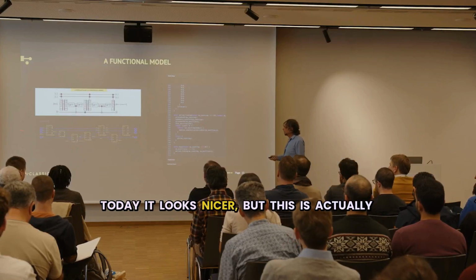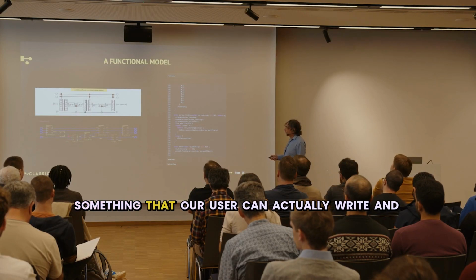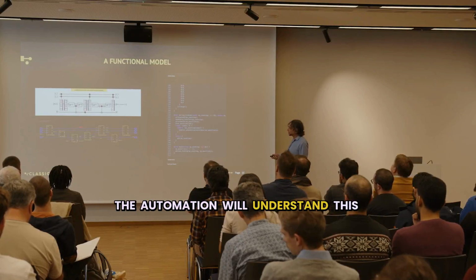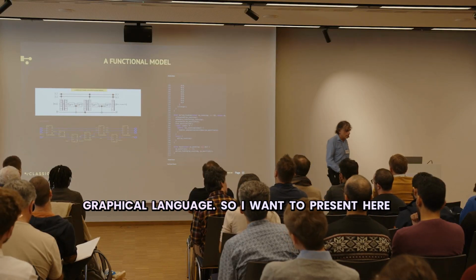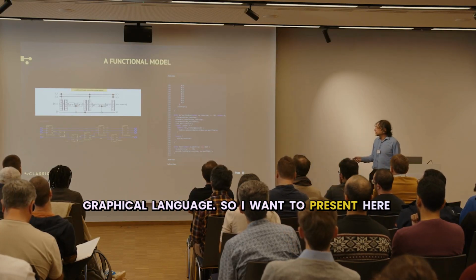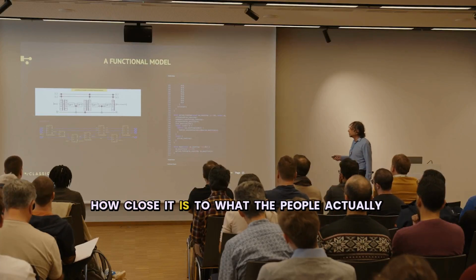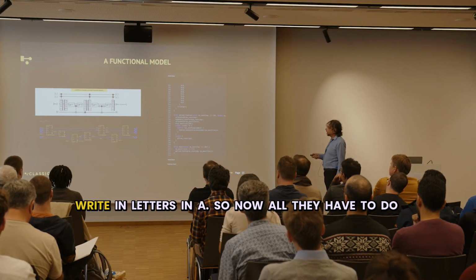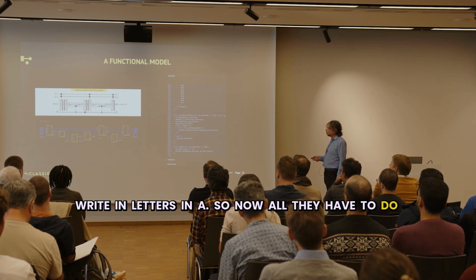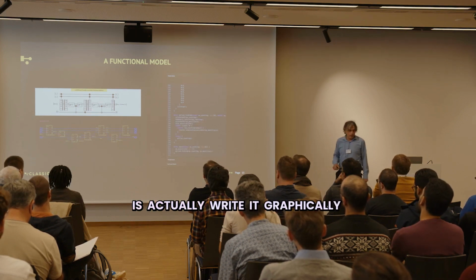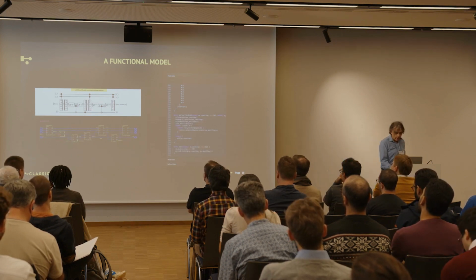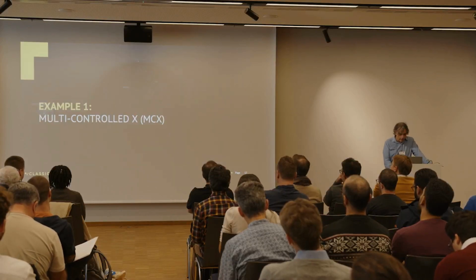Today it looks nicer, but this is actually something that our user can write, and the automation will understand this graphical language. I want to present here how close it is to what people actually write in LaTeX in a paper. So now all they have to do is write it graphically for the automation to understand.